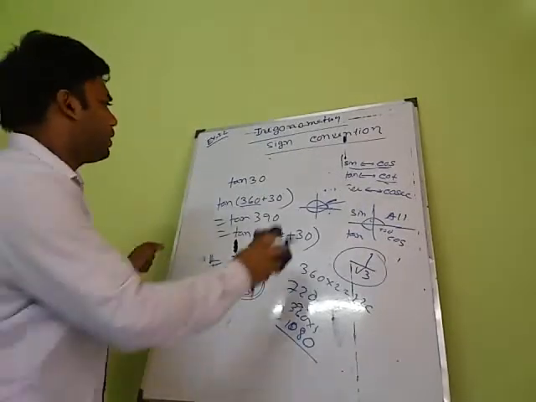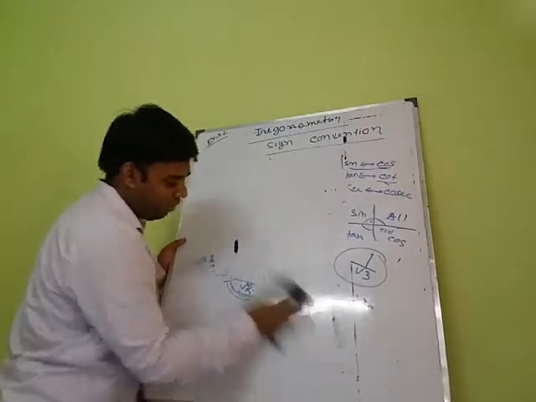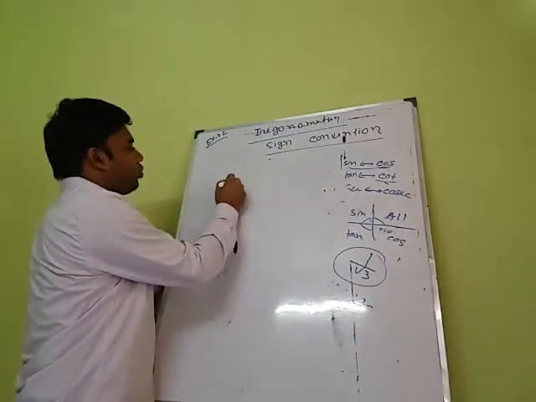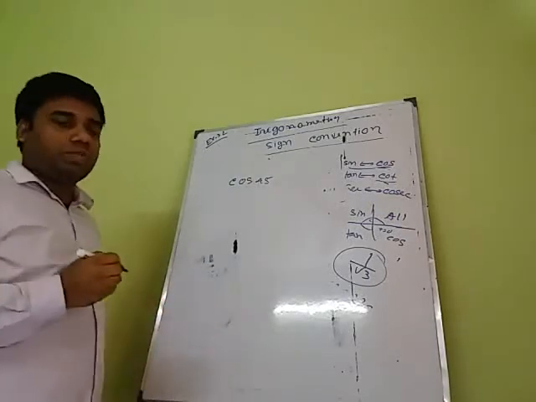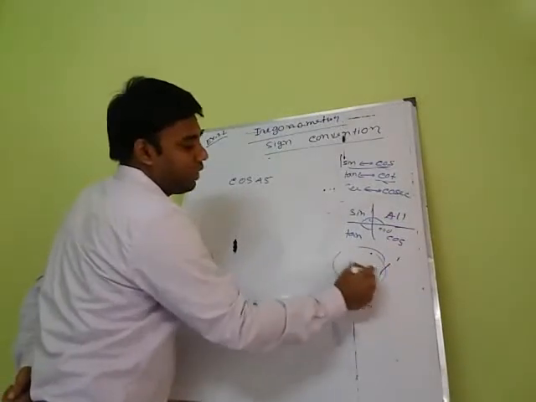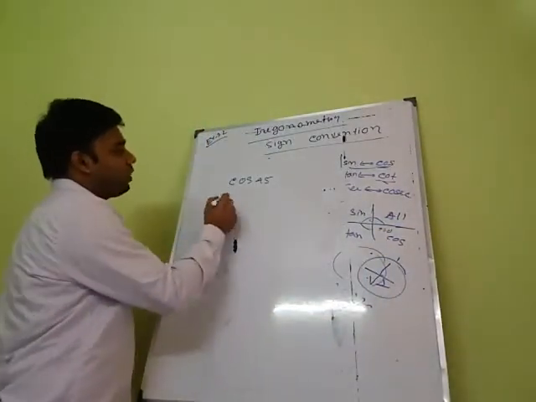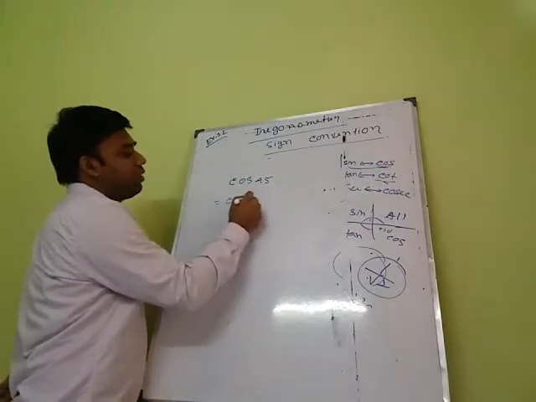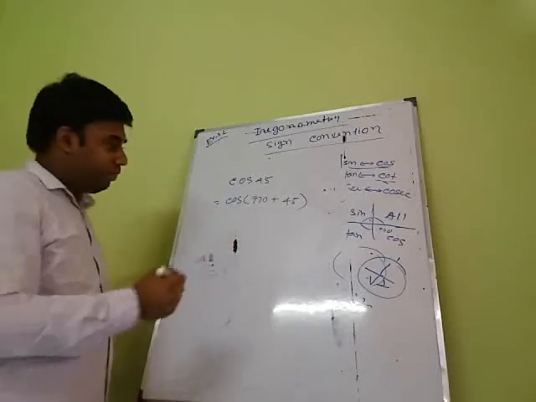Taking another example. Okay. Cos 45. What is the value of cos 45? We know that it is 1 by root 2. So for cos 45, I add 720, that is a multiple of 360.